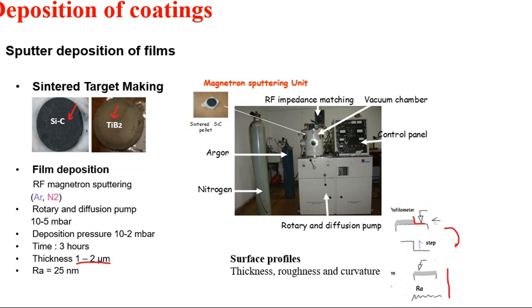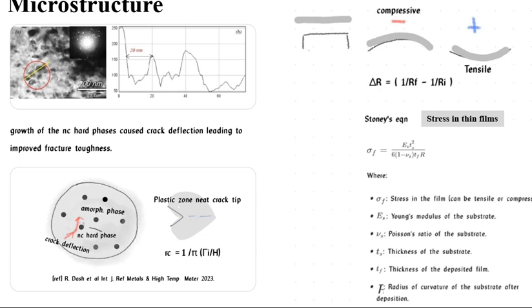So after the coatings have been deposited, the microstructure of the coatings was examined, and we can see a formation of nano-sized grains.